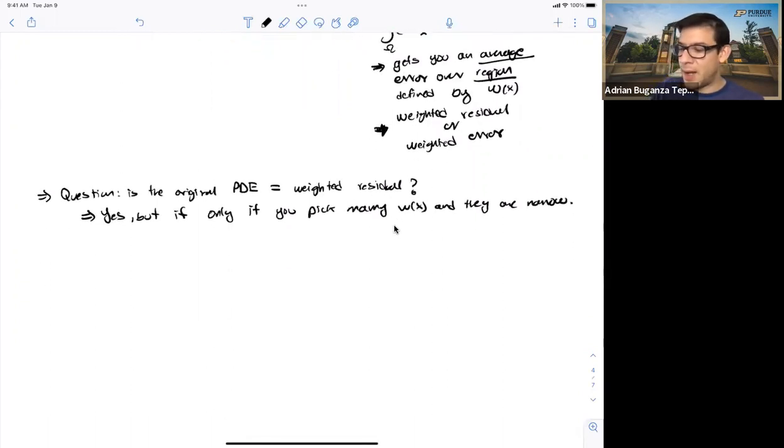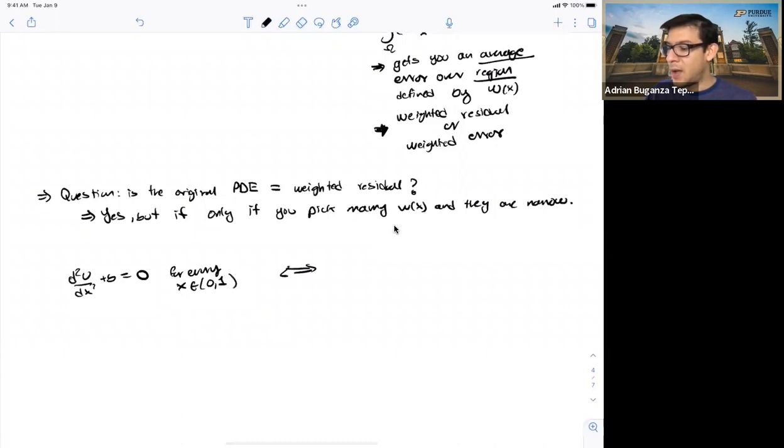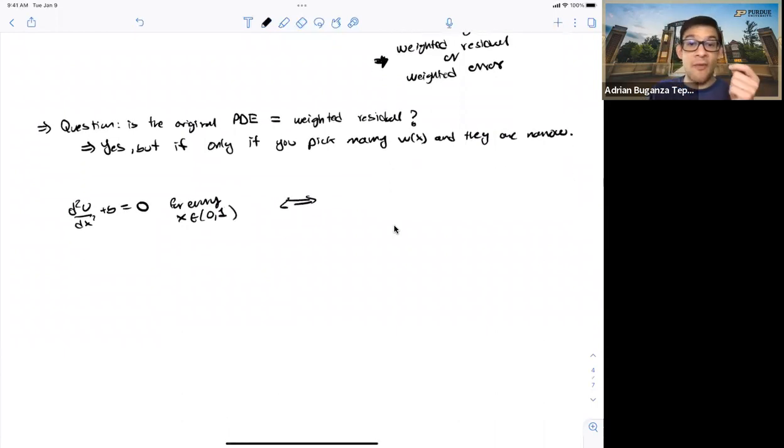So to illustrate that, again, the original PDE was this equals 0 for every point x in the interval 0 to 1. Well, actually, without including the edges, that was the original. And then instead of that, rather than doing that for every single point, which there are infinitely many of them, an infinite number of points, when are these equivalent?